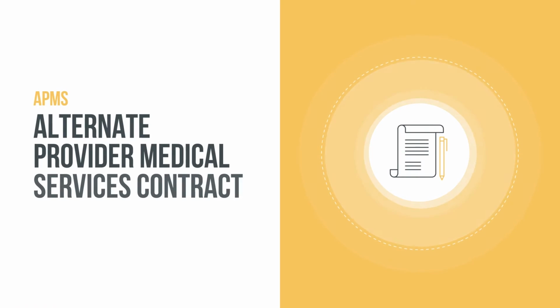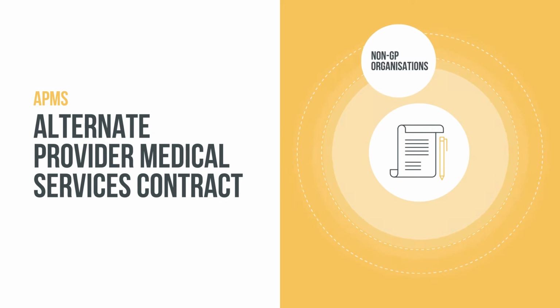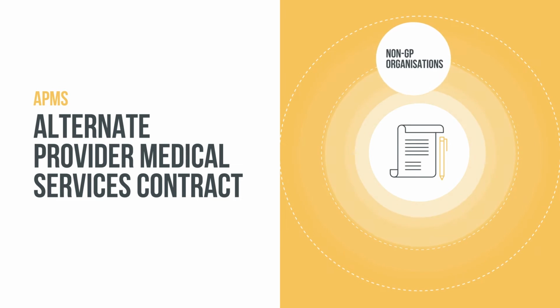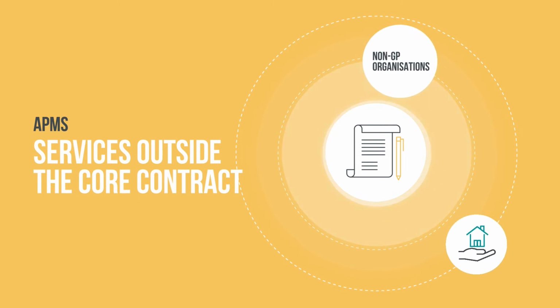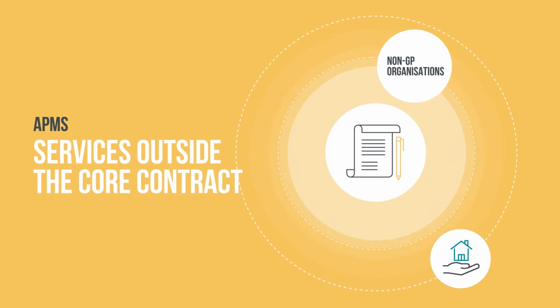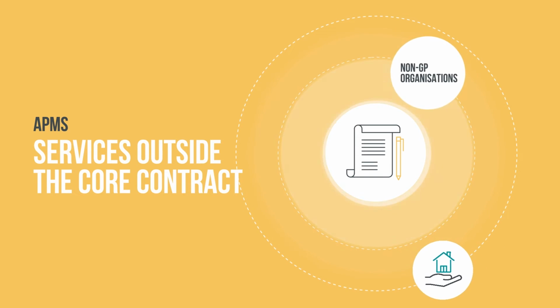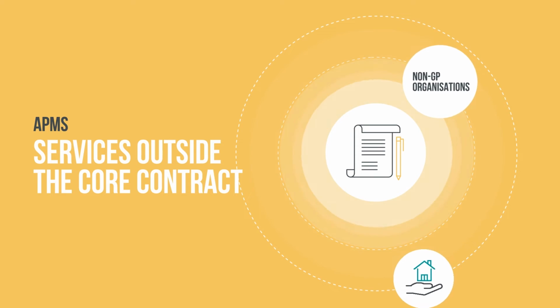The other contract type is the Alternate Provider Medical Services Contract, APMS. It is a more flexible contract that non-GP organisations can hold, for example private, third sector organisations or NHS trusts, and can be used to commission specific services outside of the core contract, for example, services for the homeless or asylum seekers.